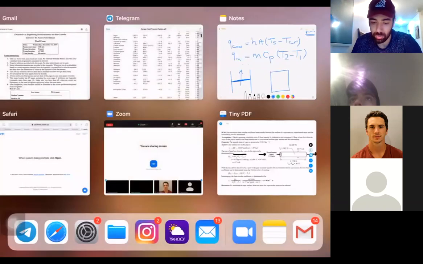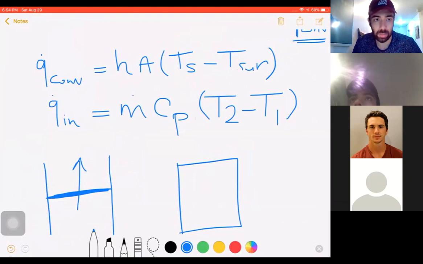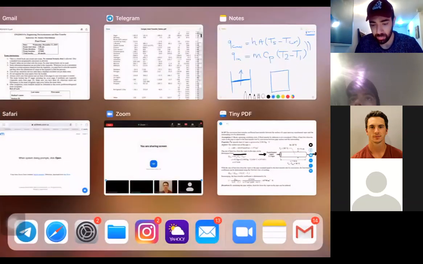Going back, we will set those two right-hand sides of the equations equal to each other for finding the convection constant.